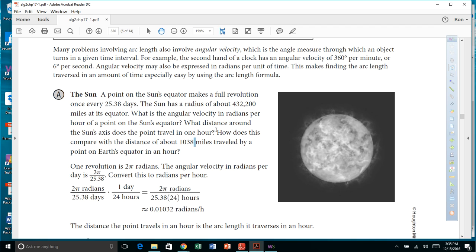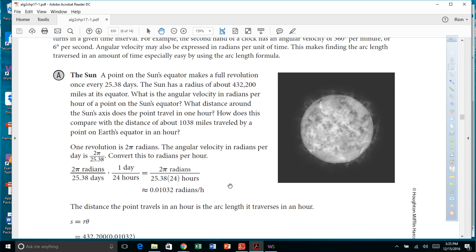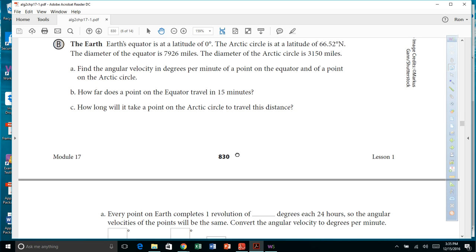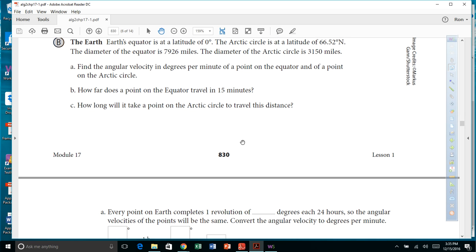The angular velocity may also be expressed in radians per unit of time. This makes finding the arc length traversed in an amount of time especially easy by using the arc length formula. So A, the sun. All right, I'll give you a minute and let you do A, and then we'll do B together. All right, B, the earth.